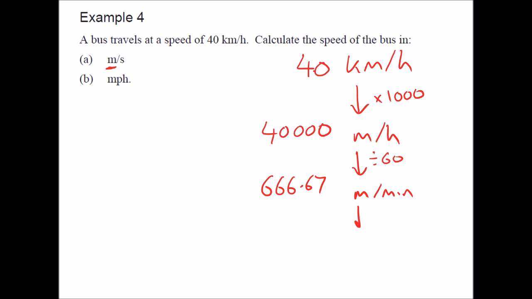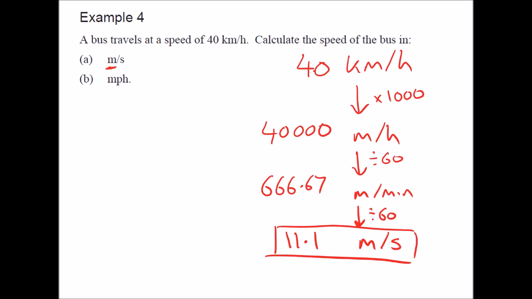Of course, what I want to do is divide by 60 again, and that gets me where I want to be, meters per second. If I do that on the calculator, I end up with 11.1 meters per second, and that is the correct answer. So write some statements out and link between units very carefully, and there's going to be no problem here at all.